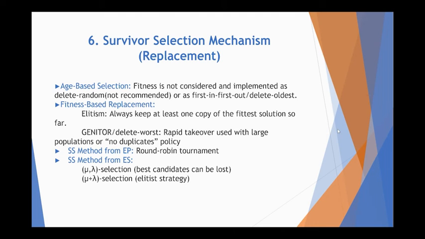The next component is the survivor selection mechanism. This is nothing but the replacement of the parents with the children. So, the function of this step is the replacement of the population.